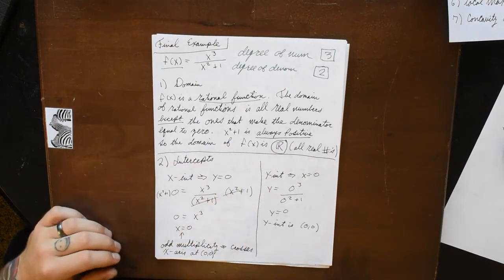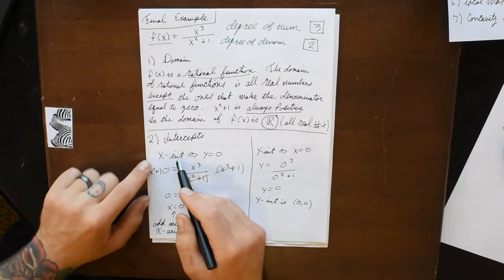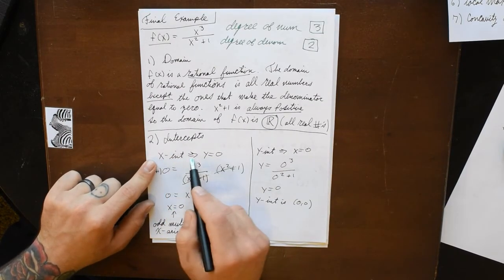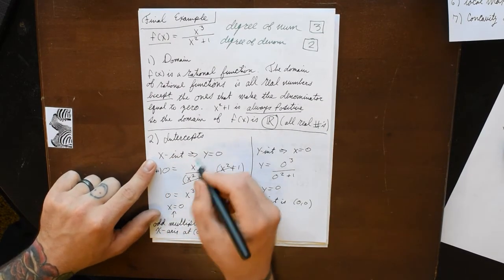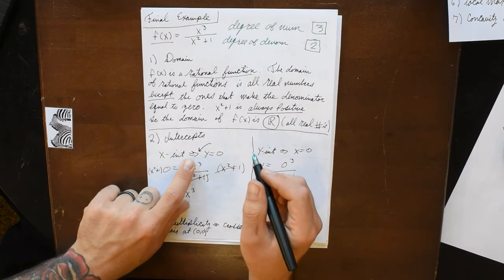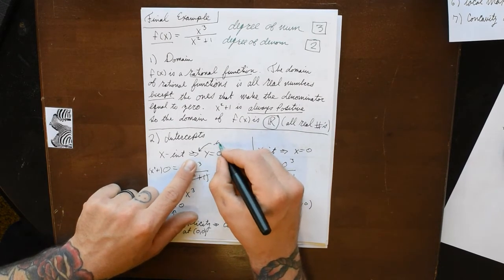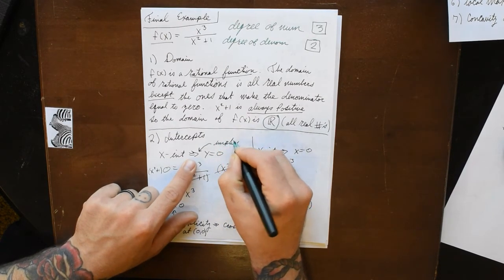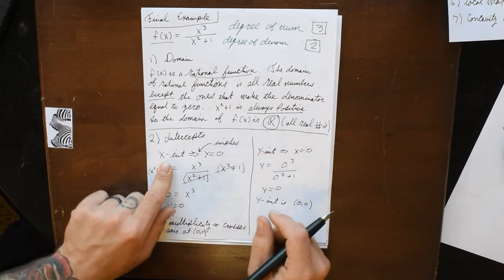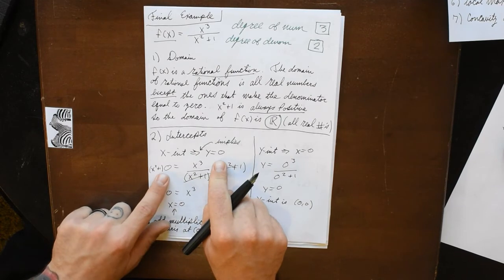Next, intercepts. To find our intercepts, you pick one and you start with it. I always start with x-intercept. The x-intercept is when y is equal to 0. And I have this notation written a couple times. I don't know if I've explicitly said it, but this kind of equal sign arrow is the word implies. So x-intercept implies that y is equal to 0. So we took y and we set it equal to 0.